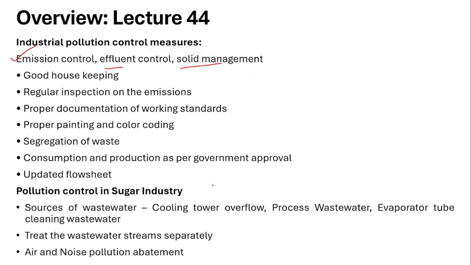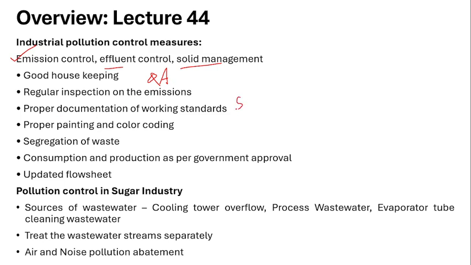So what are the good methods to be followed in the industries to control pollution? One is good housekeeping. Housekeeping is very important, along with regular inspection of the emissions. Some persons are specially allocated for quality assurance, right? They check whether all the emission standards and procedures are followed, along with proper documentation.